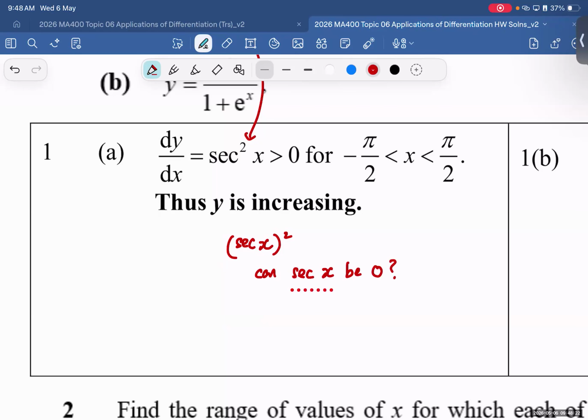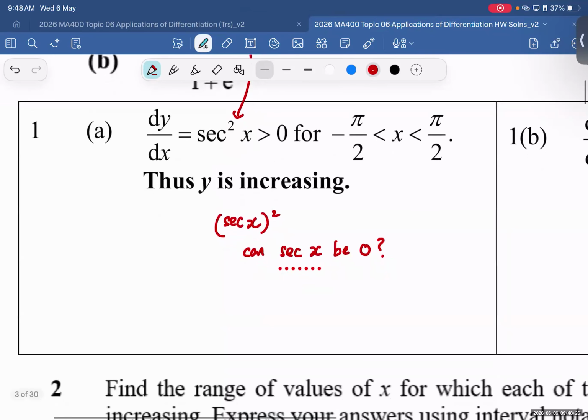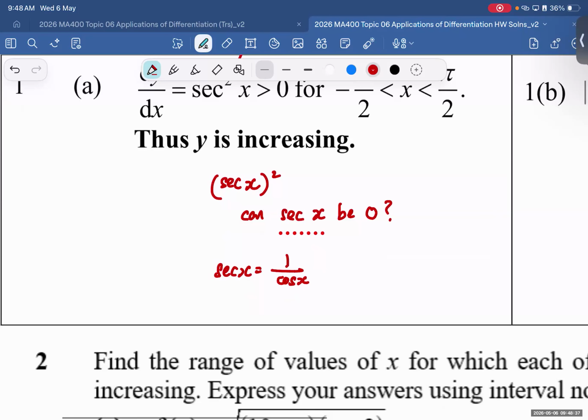Why? Why not? Well done, Dorcas. Secant x is the same as 1 over cosine x. So if I want to equate this to 0, can I?